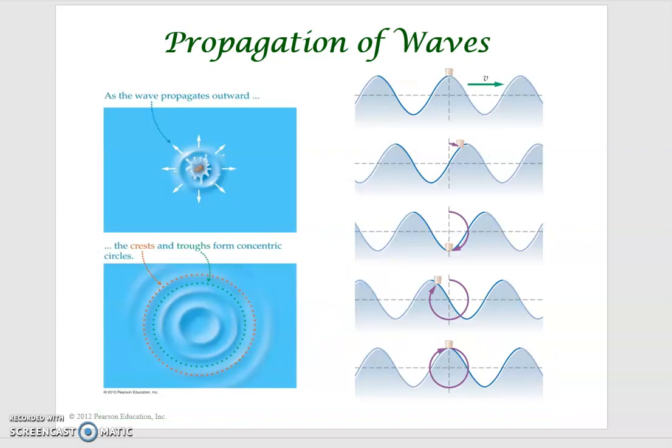Last time I also introduced another example of the wave, which is the water wave. The water wave is not a pure longitudinal wave or transverse wave. It is a combination of the two. If you throw a stone into the pond, it will produce a spherical wave outward. You may say it looks like a transverse wave.